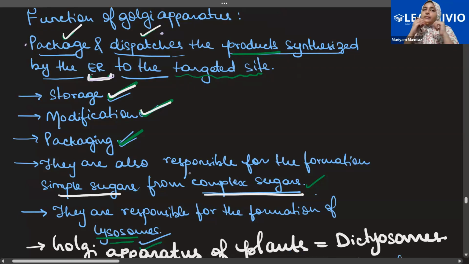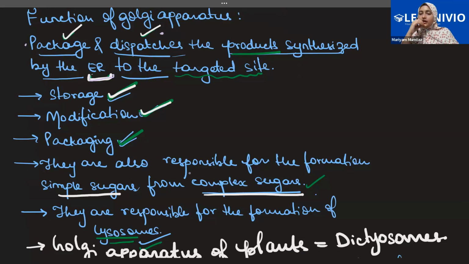For example, the endoplasmic reticulum can synthesize lipids or proteins. After synthesizing that, it sends it to the Golgi apparatus. Now, what does the Golgi apparatus do? It packs it and then dispatches it wherever it is required. Clear? So this is the first thing.